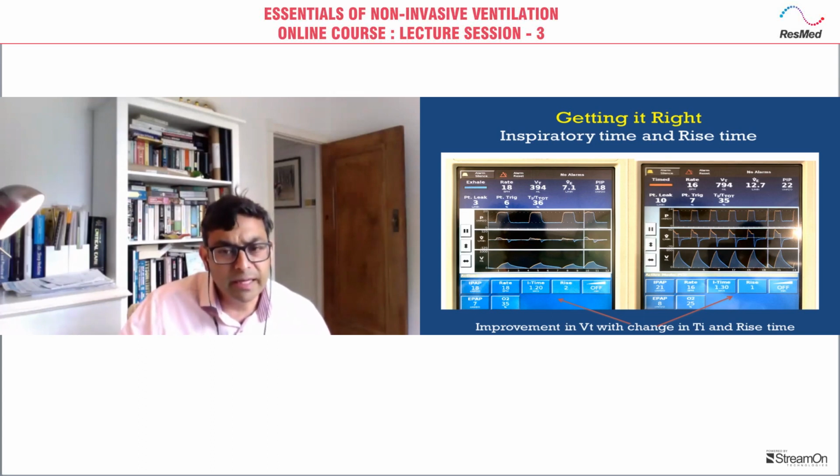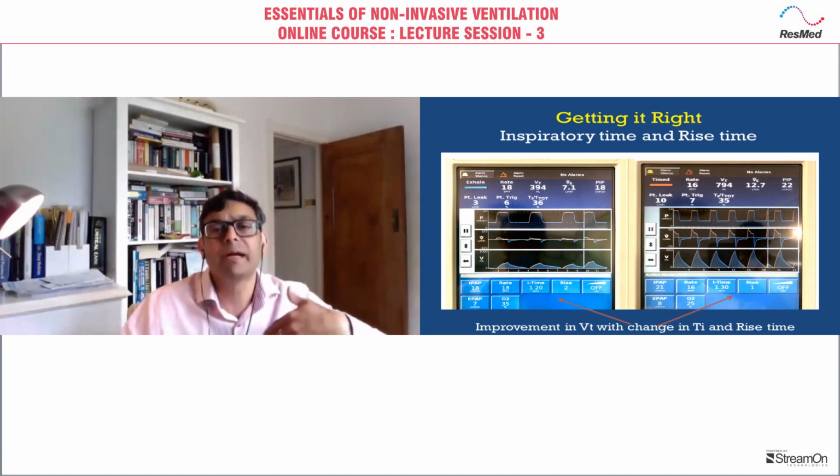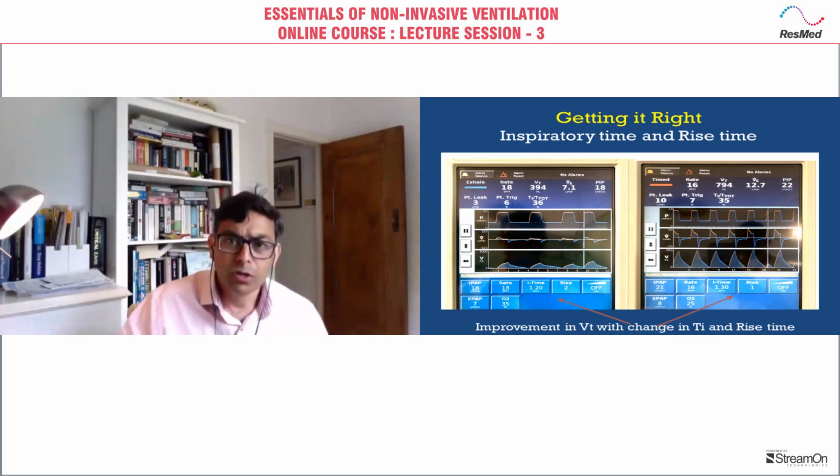We have increased the IPAP to 21, which was 18 on the left hand side screen, and that was because we were not getting enough tidal volume. This is a big individual who needs bigger volume because we were unable to clear his CO2. So what we have managed to do is improve or double his tidal volume from 394 to 794, so basically from 400 to 800 mL roughly.